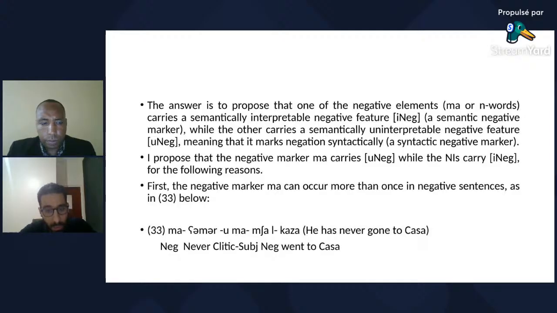While n words such as sh, walu, and ammar carry a semantically interpretable feature, for the following reasons. First, the negative marker ma can occur more than once in negative sentences, as in 33. We have ma'amro makla, okay? It appears twice without affecting the semantic meaning.